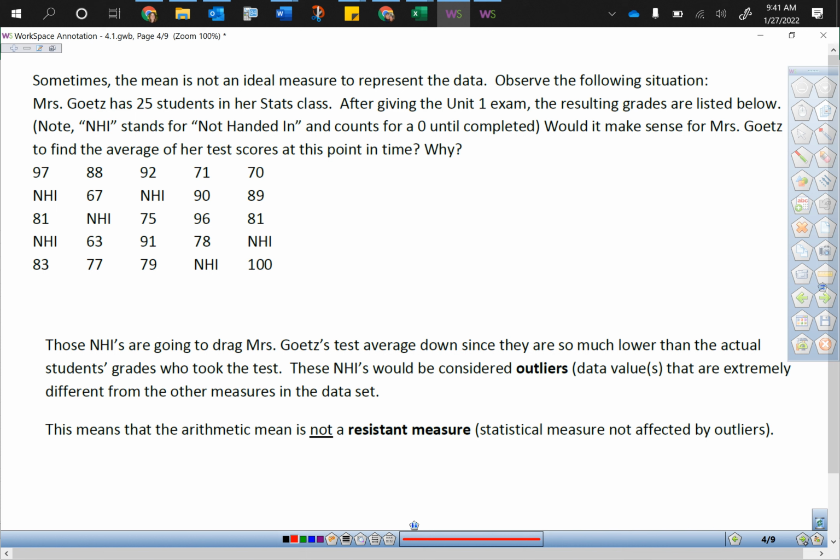A resistant measure is a statistical measure, a measure of central tendency, like mean, median, mode, that's not affected by outliers. That's what a resistant measure is. And since these outliers do affect the mean, they do impact the number that we would get back for the mean, it is not a resistant measure. Does that make sense? Okay, let's go to the next page.